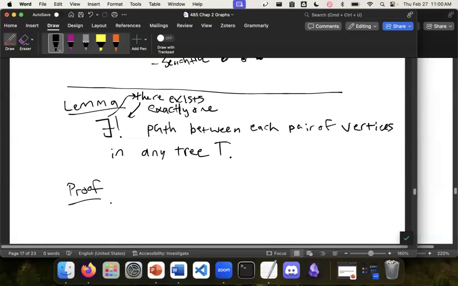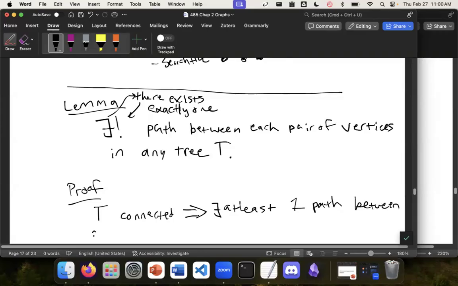So if we wanted to prove it a little more rigorously, we assume that the tree T is connected, which implies, by the connected definition, that there is at least 1 path between any pair of vertices. So there exists at least 1 path between any pair of vertices.